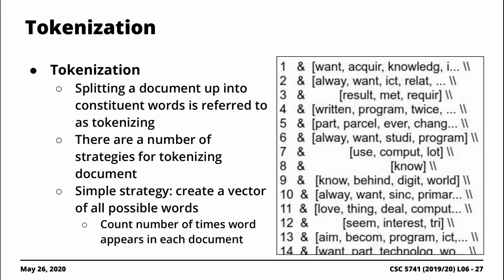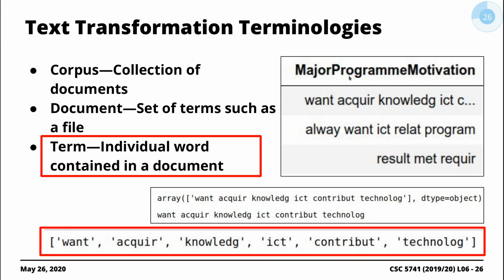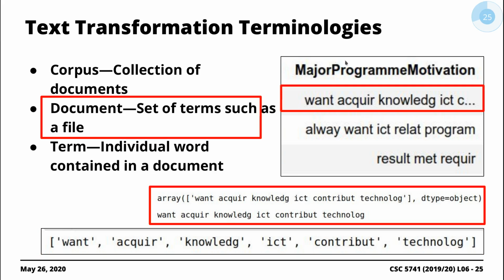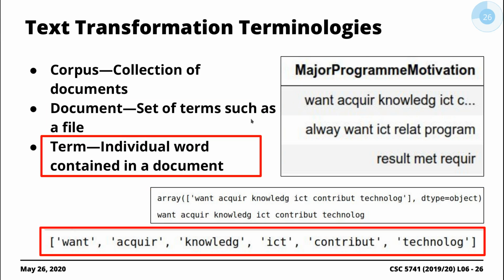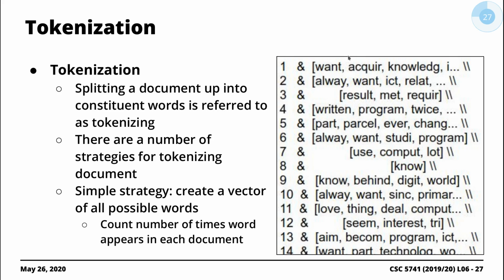So tokenizing means converting a document from this format into a format such as this. Using our same example of the corpus, we've tokenized all the different documents, document 1, 2, 3, all the way up to 14, into constituent terms. This process is what's called tokenization.